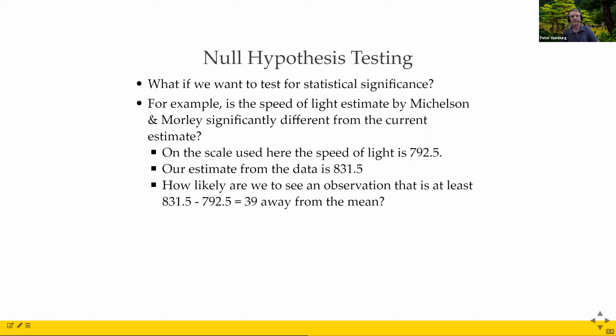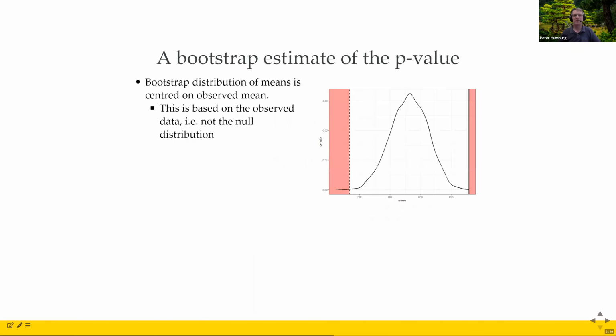And so they're 39 units apart. So we can look at the means from our Bootstrap samples, and we can see how often it happens, basically, that we are that far out from the mean.